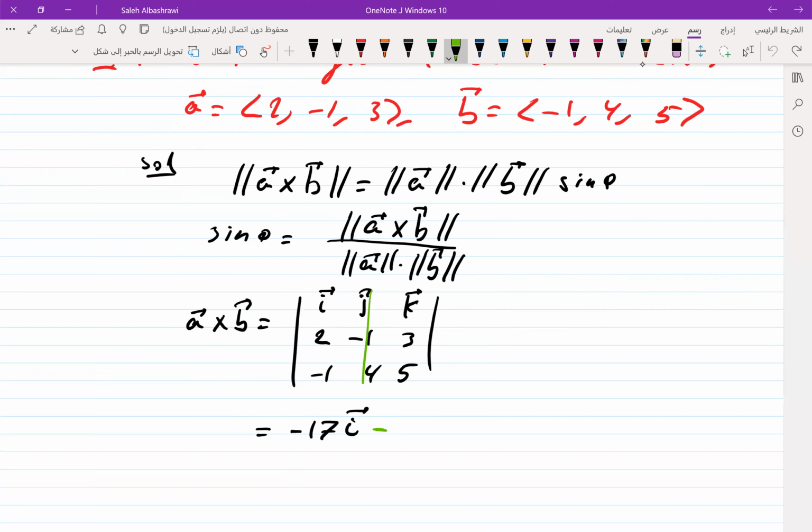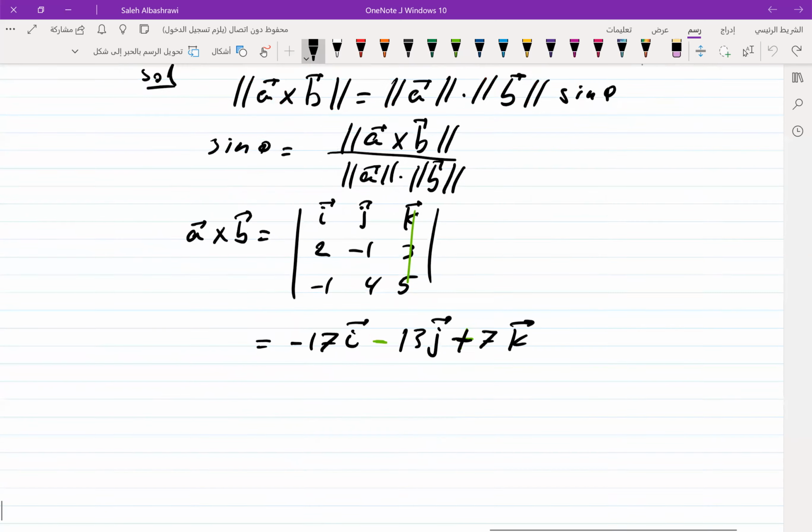Don't forget we have minus there first. 2 times 5 is 10. 10 plus 3 is 13. So 13 J. Now the K, cross the third one. 2 times 4 is 8. Minus 1 is 7K. So this is A cross B.